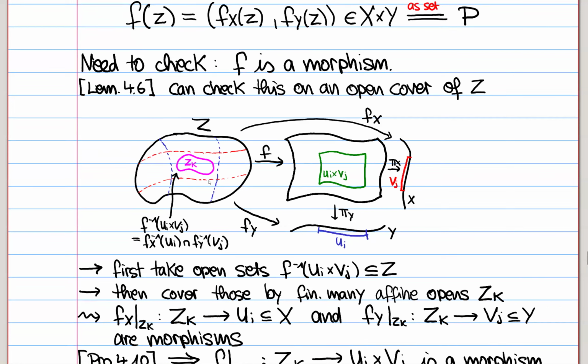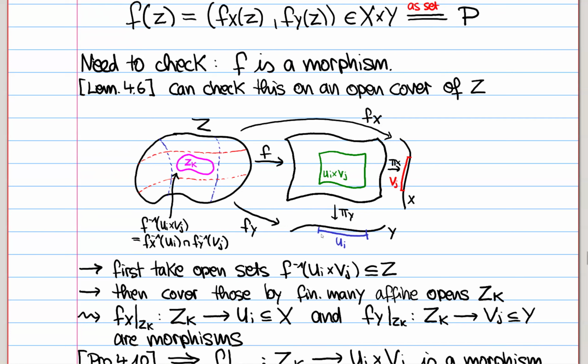And then this thing can be covered by finitely many affine open subsets Z_k. This is drawn here now. And then if you restrict these morphisms f_X and f_Y to Z_k, you get maps from Z_k to U_i and Z_k to V_j.